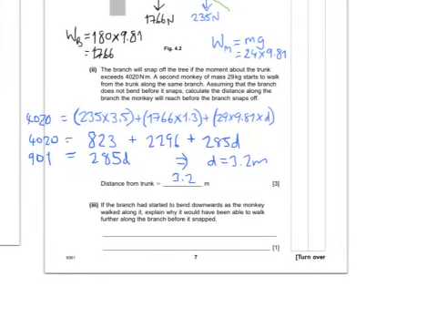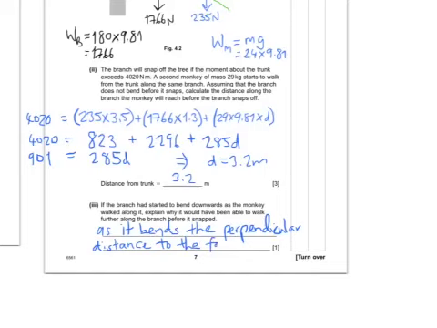So just put that in at the bottom there: as it bends, the perpendicular distance to the forces is getting smaller, reducing the turning effect.